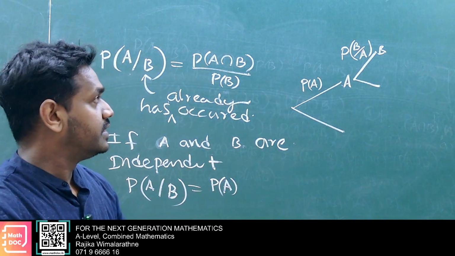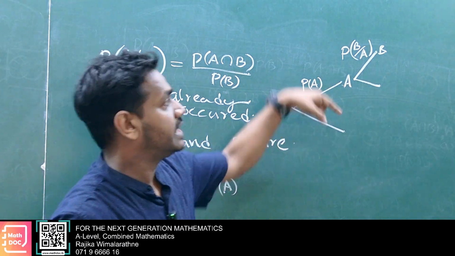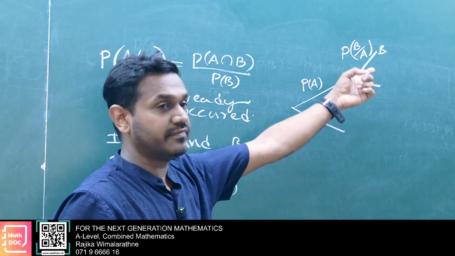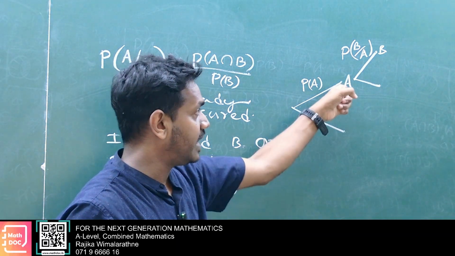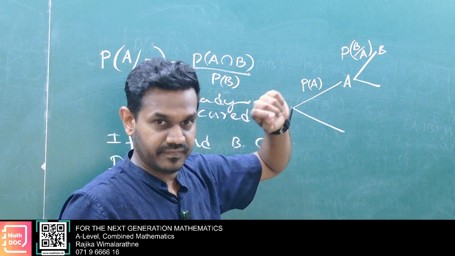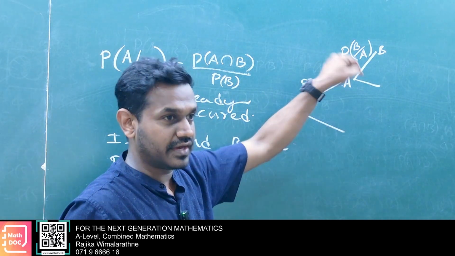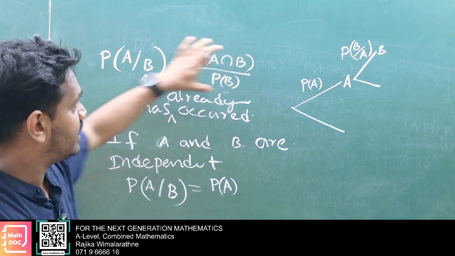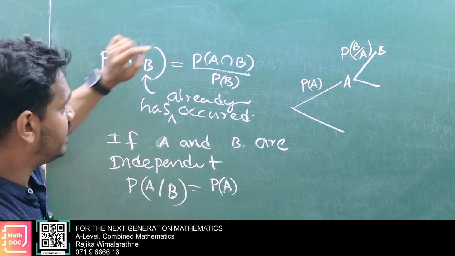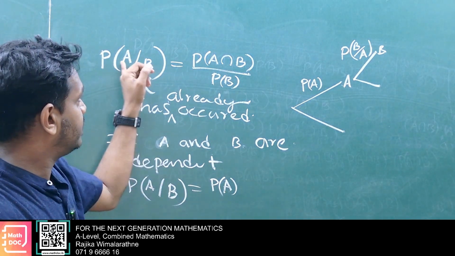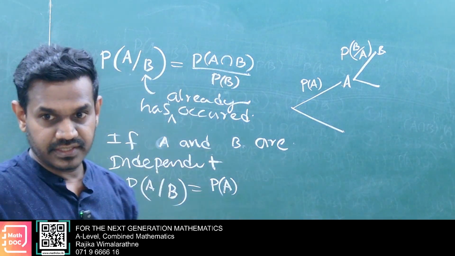So after A has occurred, now we think about B. Here we say P(B given A), A already occurred. Now you directly write this definition: P(A given B) equals P(A intersection B) over P(B), with B in the denominator and the intersection in the numerator.